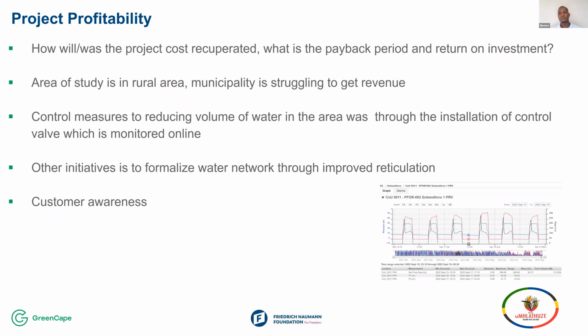So the municipality plans to reticulate the area fully, as well as currently engage in customer awareness and education, because currently there is rationing of water. As you can see, there are some points in time of the day where we close the water off, and then during the peak hours, we just open to feed the community.